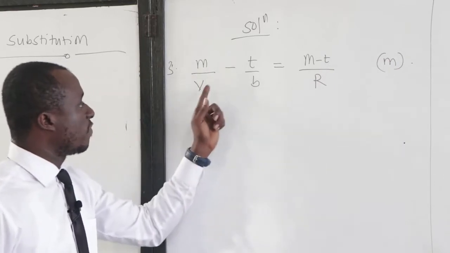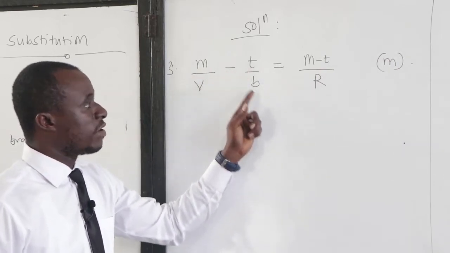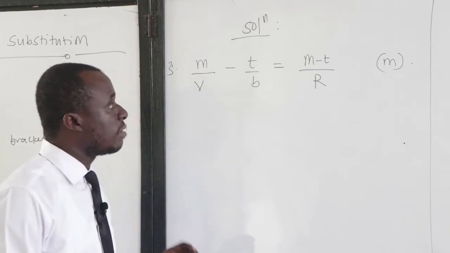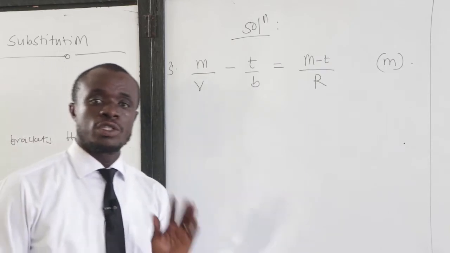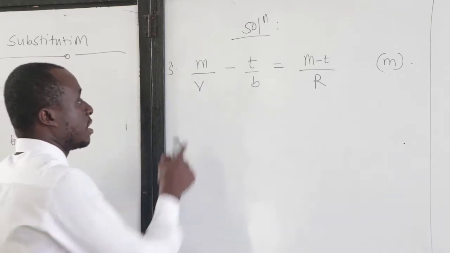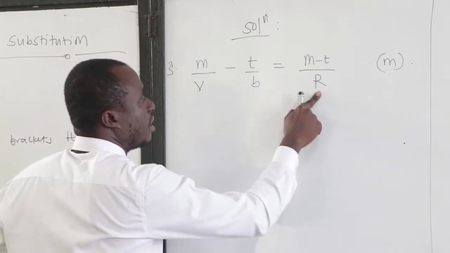Now in this case, we want to make m the subject. We have m over v minus t over b equal to m minus t all over r. We want to make m the subject. What do we do? We multiply through by the LCM, which is vbr.